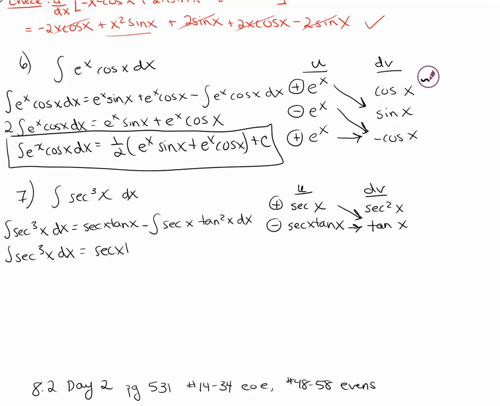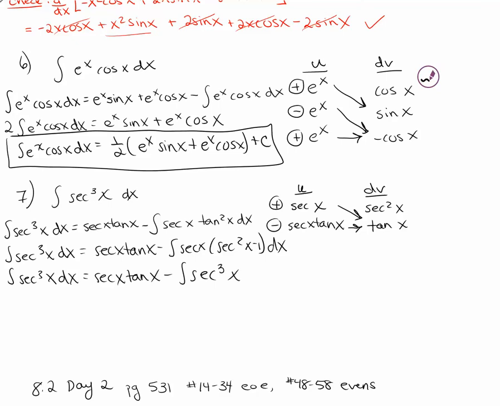So I know that tan squared x is the same thing as secant squared x minus 1. So I'm going to substitute that in, and then I'm going to go ahead and distribute. And I'm going to split this up so it is secant cubed x, negative and negative is going to be plus just secant x.